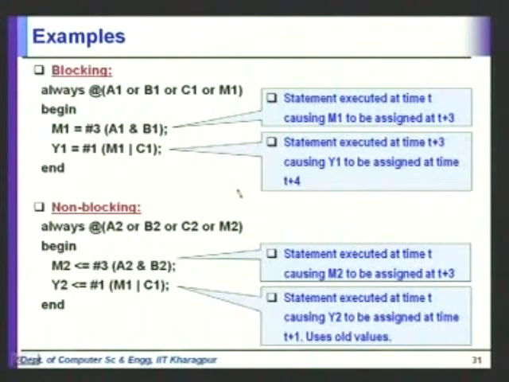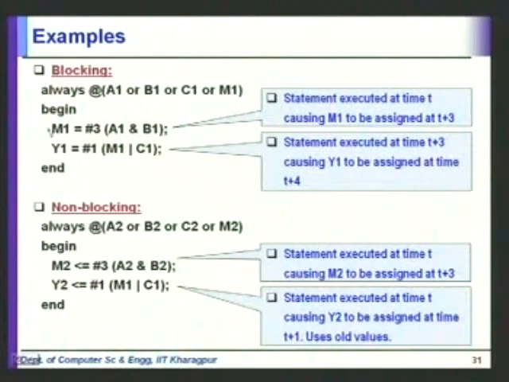Now here are comparisons between blocking and non-blocking. Okay. So what are we doing here? Always @(A1 or B1 or C1 or M1), we are doing M1 = #3 A1 & B1, Y1 = #1 M1 | C1. Now let us look at the times when these are executing. So this assignment will take place at t plus 3. Let us say that at time t this is triggered.